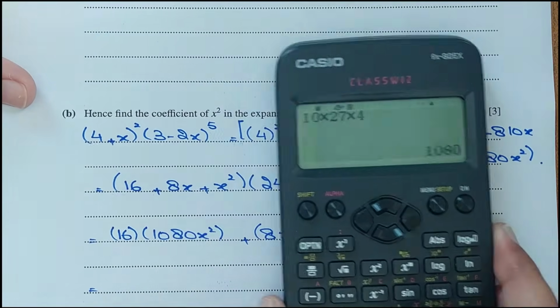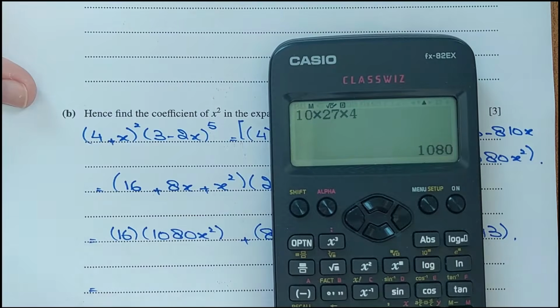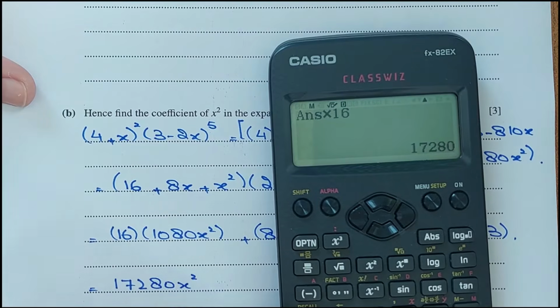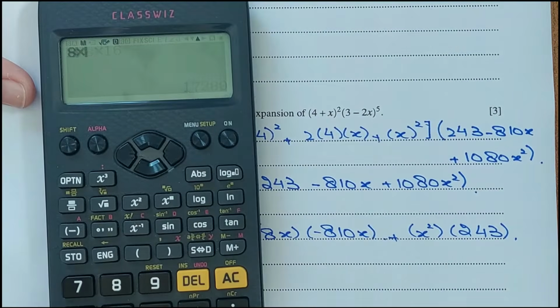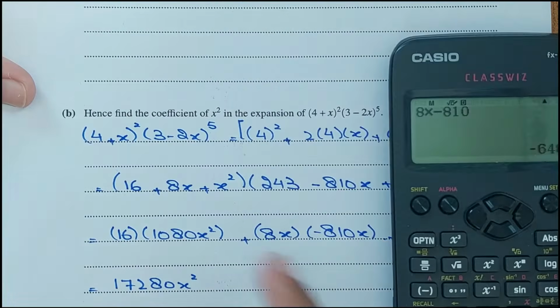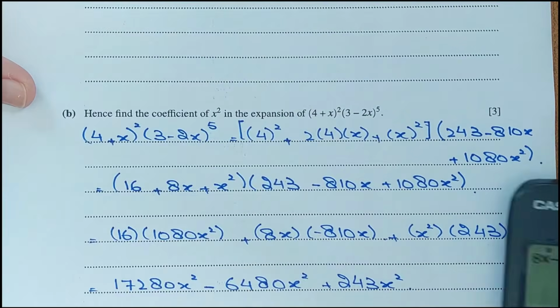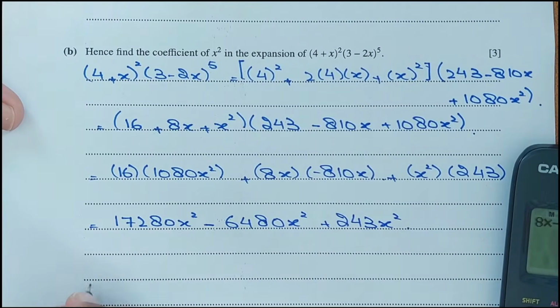Okay, so we have 1080 times of 16 is 17280 x square, and 8 times minus 810, which is minus 6480 x square, and the last is plus 243 x square. Okay, now let me simplify the coefficients.